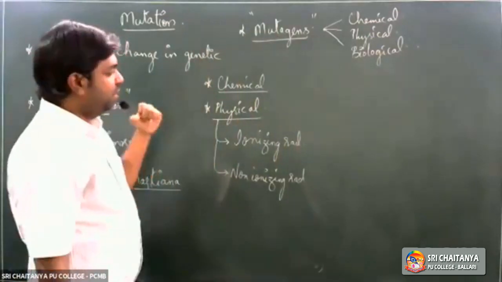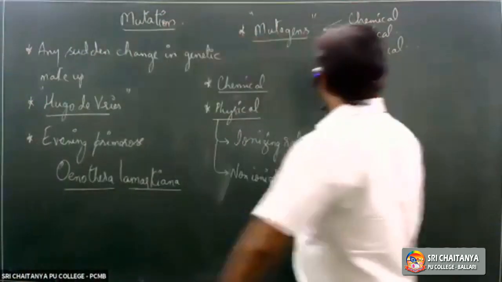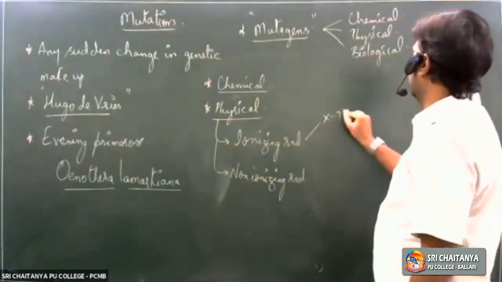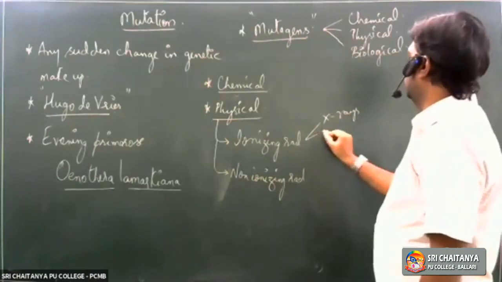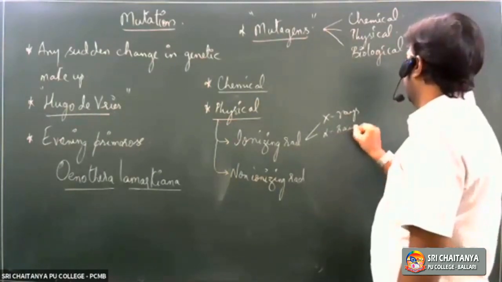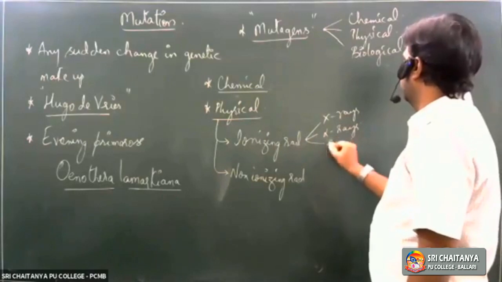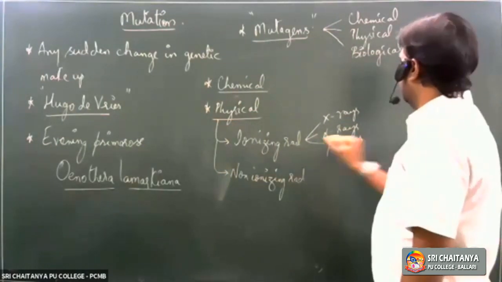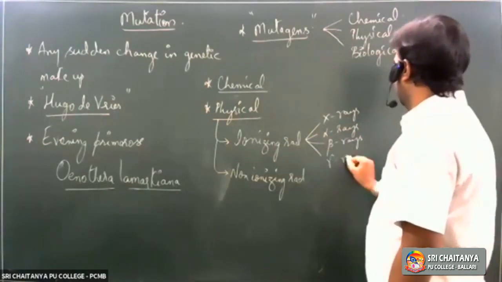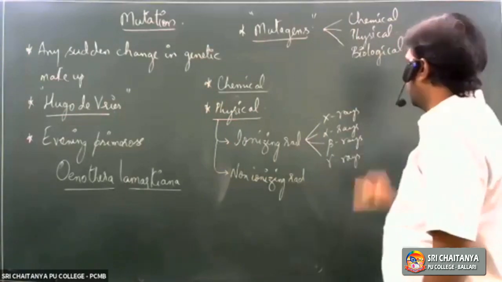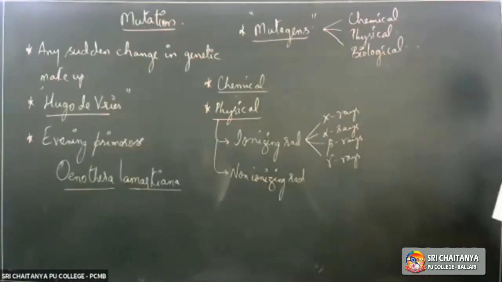So what examples can we give here for ionizing radiations? We have the X-rays falling under this category. Then we have the alpha rays, then the beta rays, then the gamma rays. So all of them fall under the category of ionizing radiations, right?